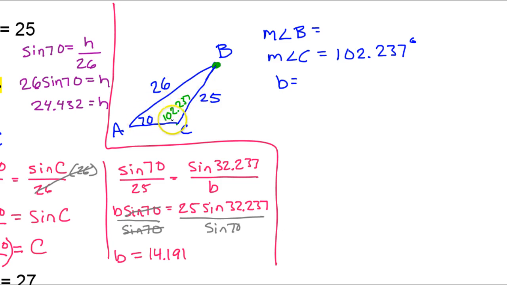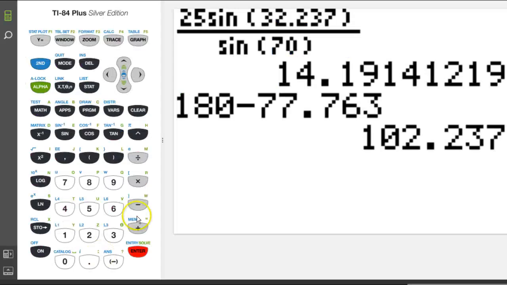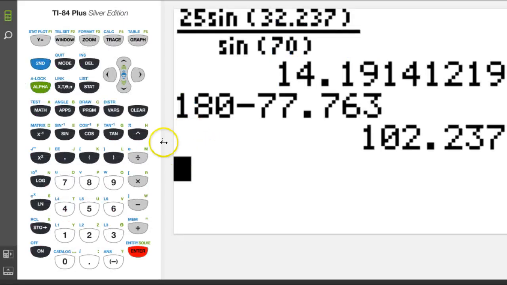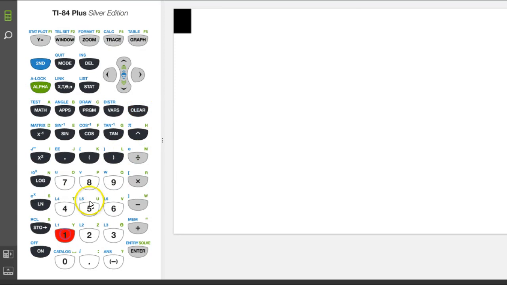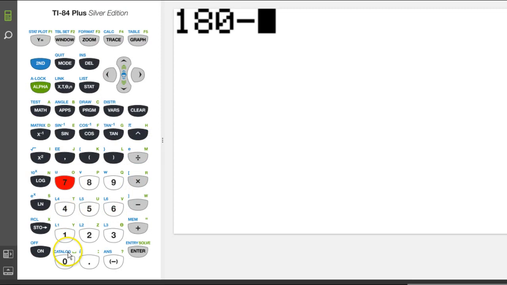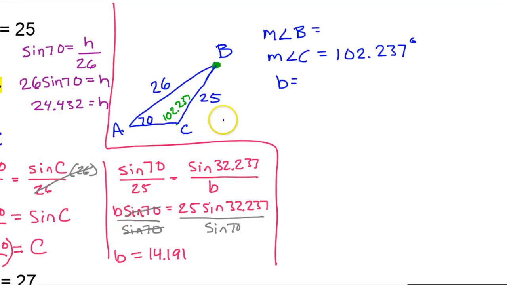So we could subtract both of these from 180 and that will give us angle B. So I can do 180 minus 70 minus 102.237.